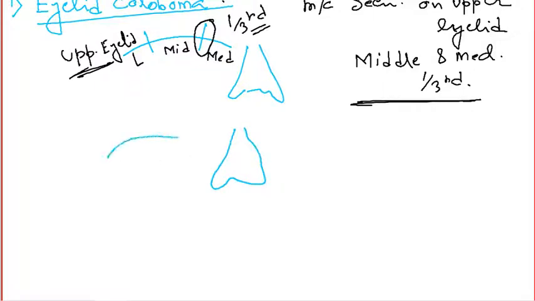There is a defect here. Due to this defect there will be some complications, obviously. What is the most common complication? Due to this defect, when the patient closes the eye, this part will still be exposed, so the sclera will be exposed directly to the sunlight more continuously than in a normal person.